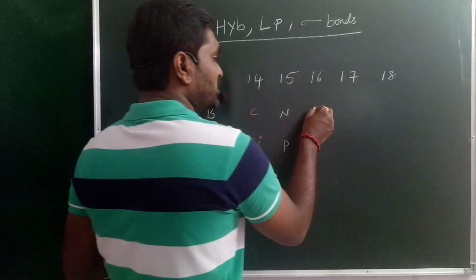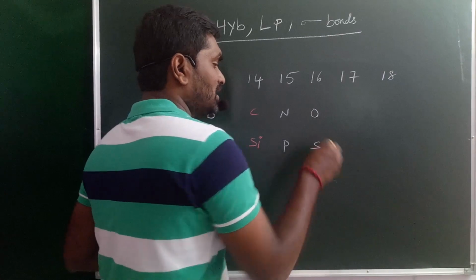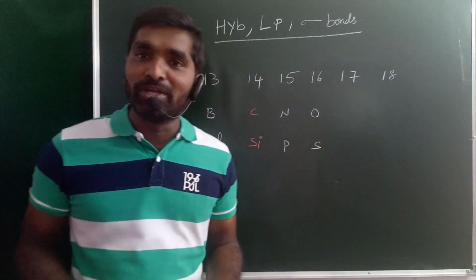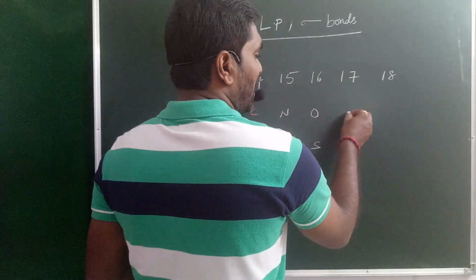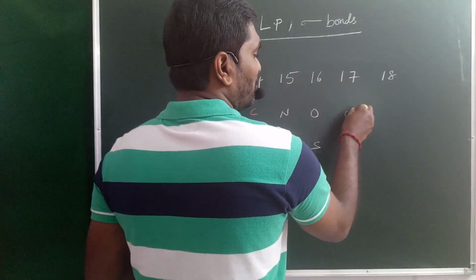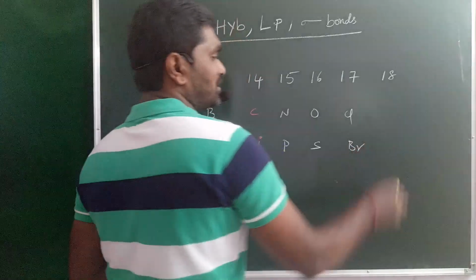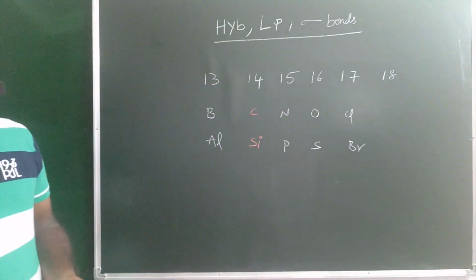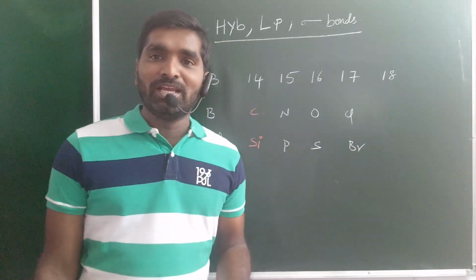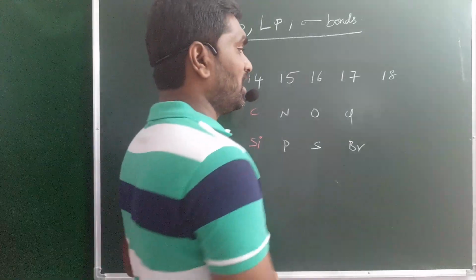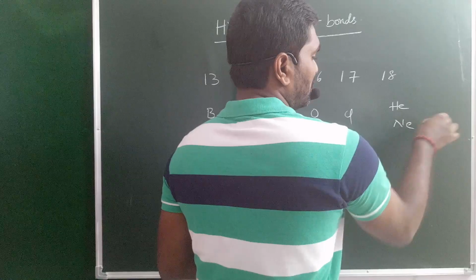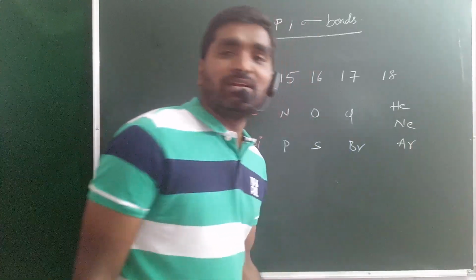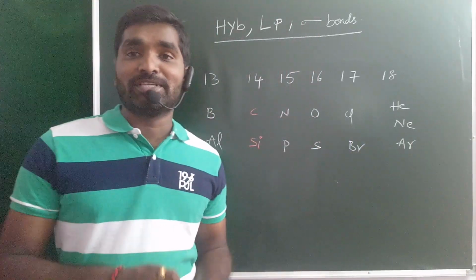Next, the 16th group, the oxygen family: oxygen, sulfur, selenium, tellurium, polonium. The 17th group, the halogen family: fluorine, chlorine, bromine, iodine, astatine. The 18th group: helium, neon, argon, krypton, xenon, radon.